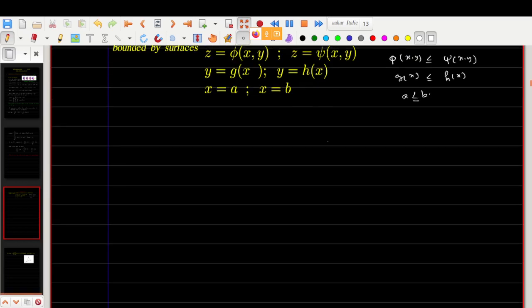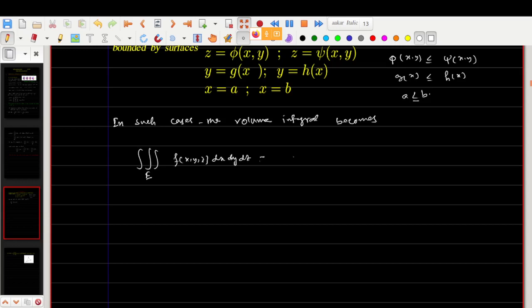So now in such cases the volume integral becomes the triple integral of f of x y z dx dy dz equals, x equals a to b, y equals g of x to h of x, and z equals phi of x y to psi of x y, f of x y z dx dy dz.